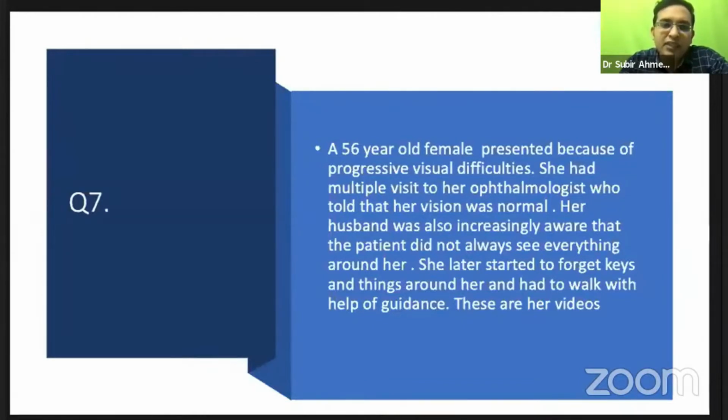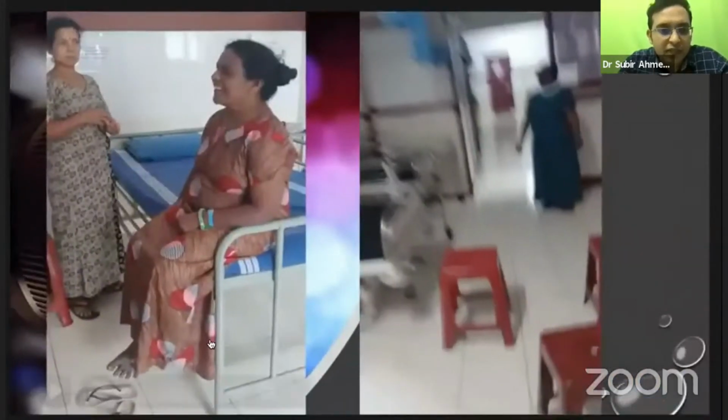Her husband, who was concerned about her, was aware that she was having some problem with her vision. Every time she goes to her ophthalmologist, he tells her that her vision is normal, but she used to lose her way. She later started to forget her things. She had some episodic memory impairment, etc.